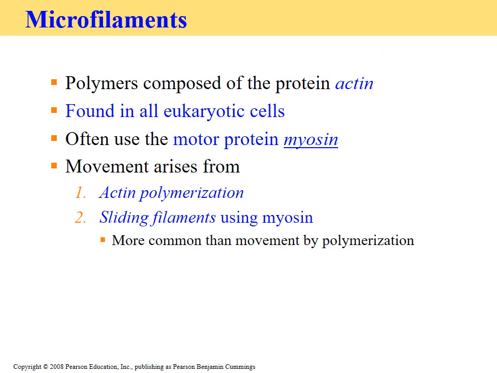Now, another category of items that we can utilize for overall intracellular transport or locomotion is going to be microfilaments. Microfilaments are composed of a different protein compared to microtubulins. Microfilaments are going to be composed of actin. Their motor protein of choice will be myosin.